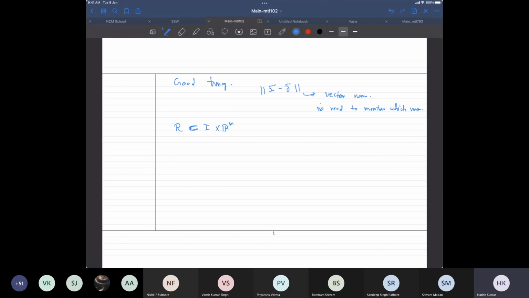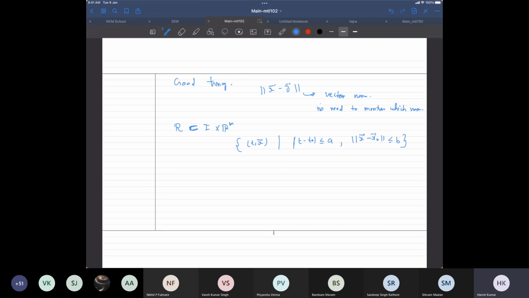We had a point t naught and a point x naught in R, but here it will be a vector x naught in Rn, and we'll try to define a rectangle. The rectangle here will be exactly the same: the points t comma x such that the distance between t and t naught is less than a, and the distance between vector x and x naught, again x naught is a vector now, is less than or equal to b.